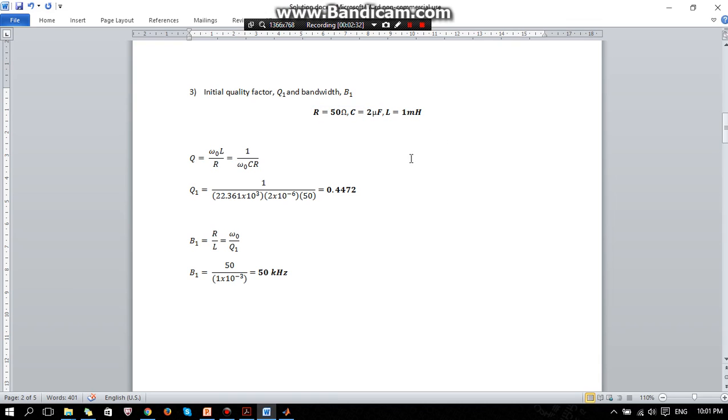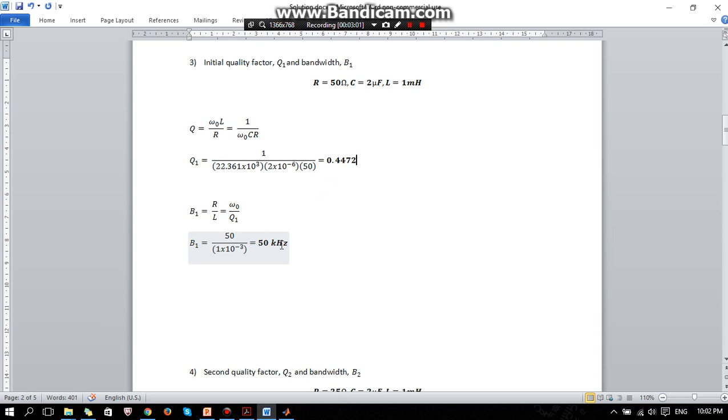The quality factor Q equals 1 over omega naught C times R. Inserting the values, we get Q1 equal to 0.4472. For the bandwidth, the formula is B1 equal to omega naught over Q1. Then we get B1 equal to 50 kilohertz.